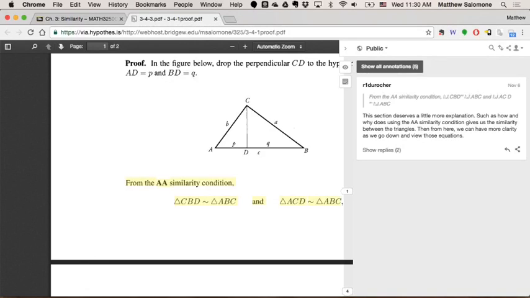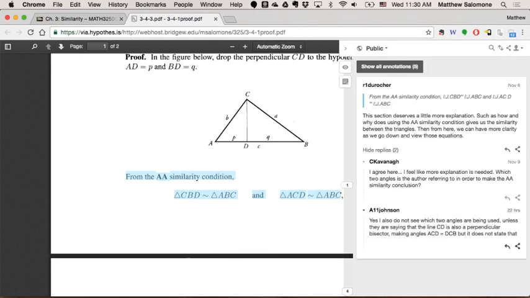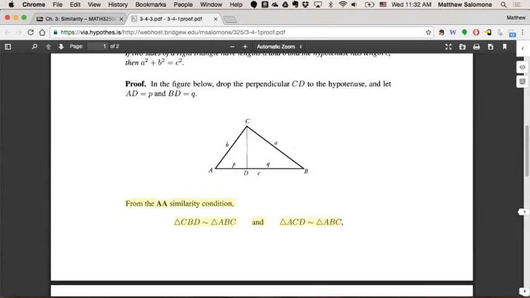And I would agree. I think if one of you had written this proof on a homework, for example, I'd probably let it slide on an exam. But if you wrote this on a homework, I would probably circle this and say, okay, you're using the similarity criterion, but which angles are you using to substantiate this comparison? Looking in this triangle, let's label some of the angles that we know.